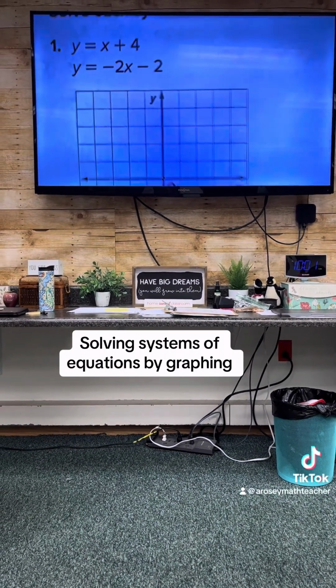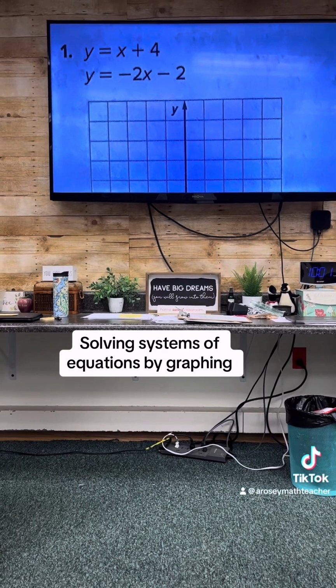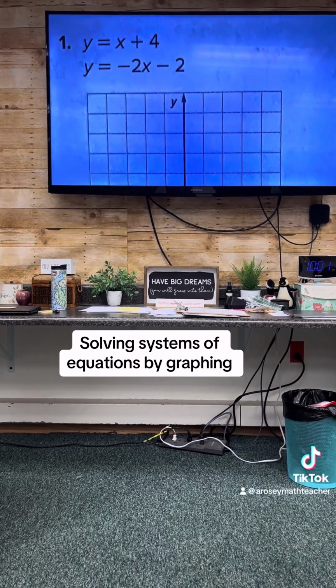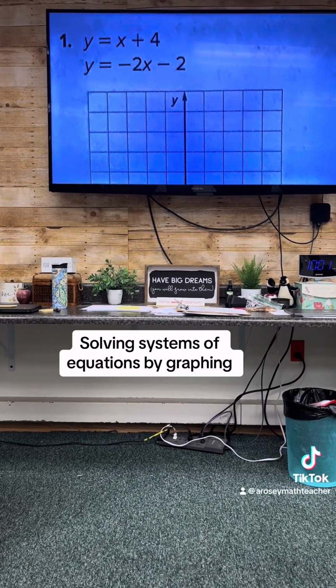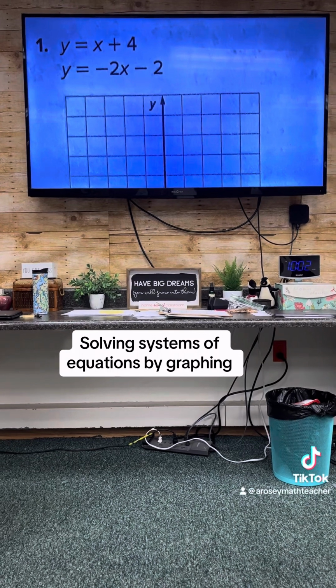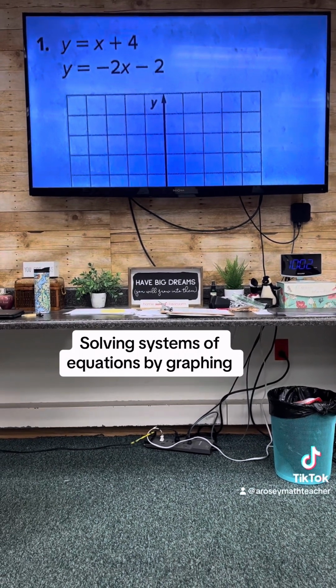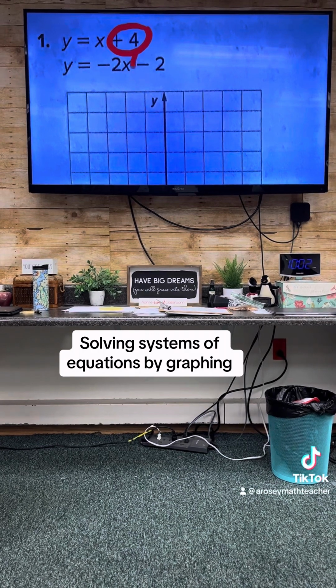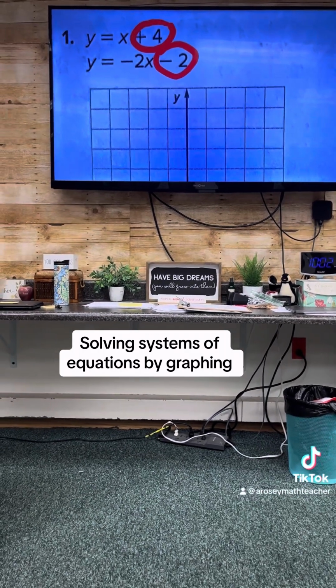All right, now looking at both equations, I want everyone in this room to please circle the y-intercept. And then look up at the screen to see if you remembered that the y-intercept is always the constant in the equation. Wave at me if you did correctly circle plus 4 and minus 2.